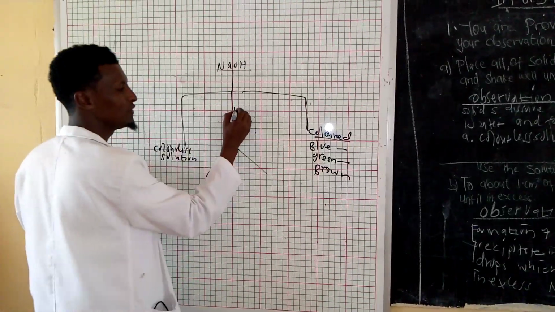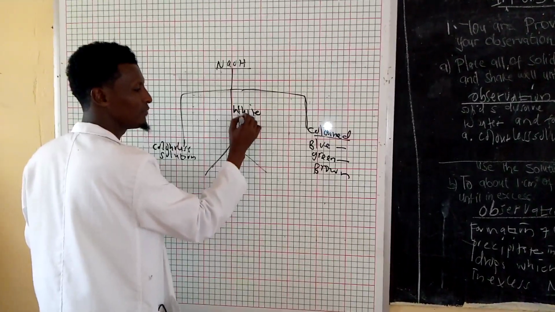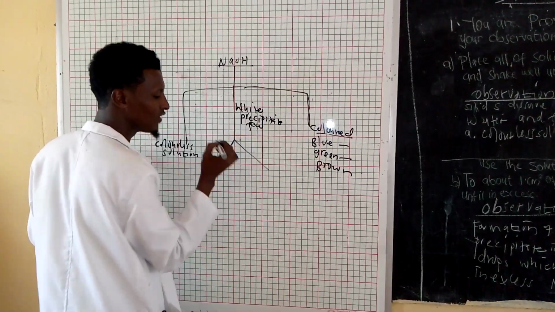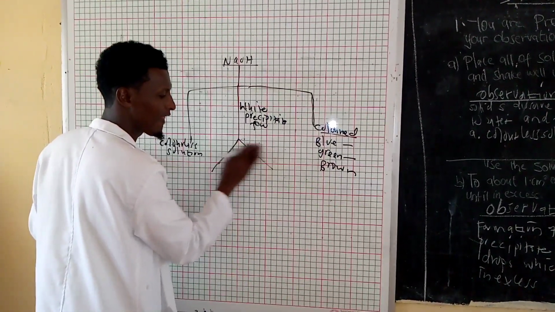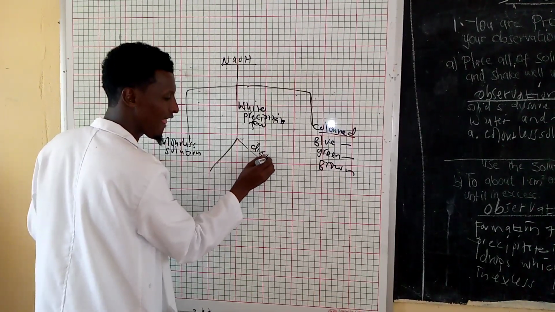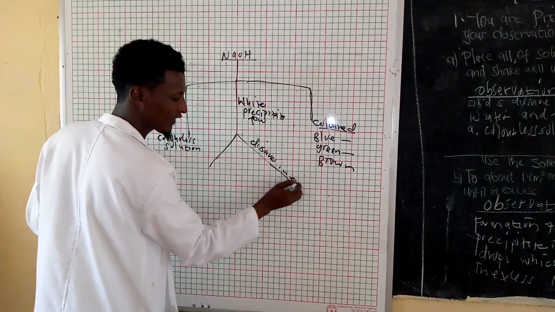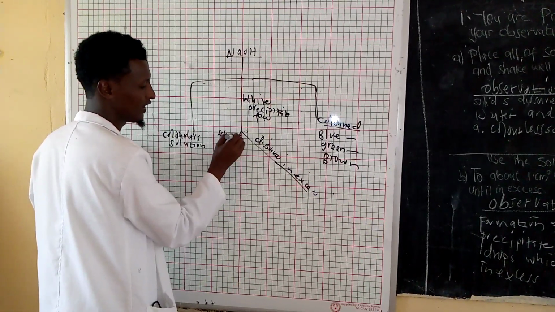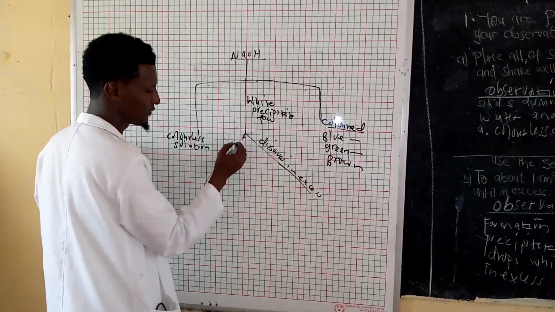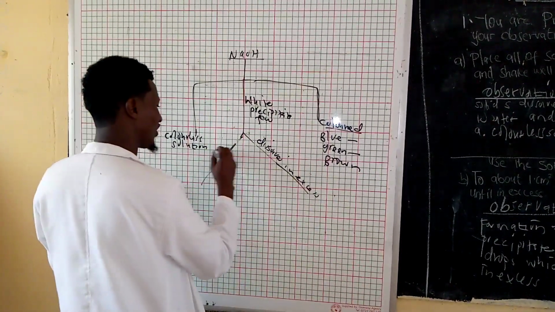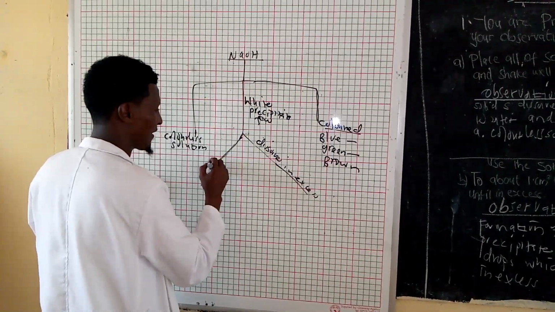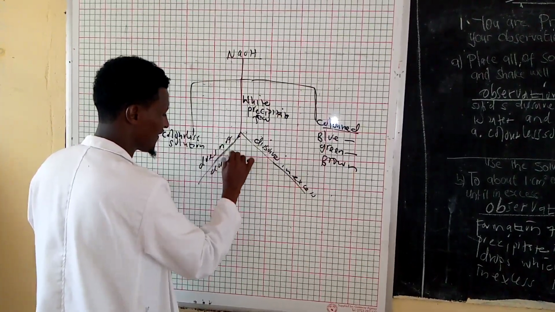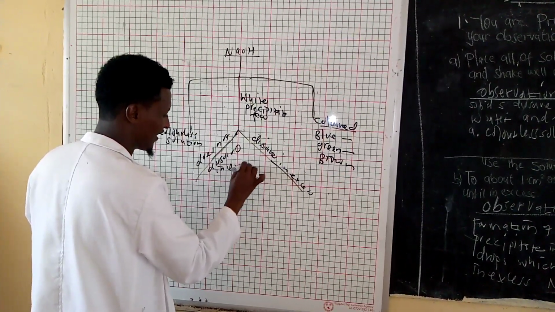or the white precipitate in few drops can dissolve in excess, or white precipitate can dissolve in excess, or does not dissolve in excess.